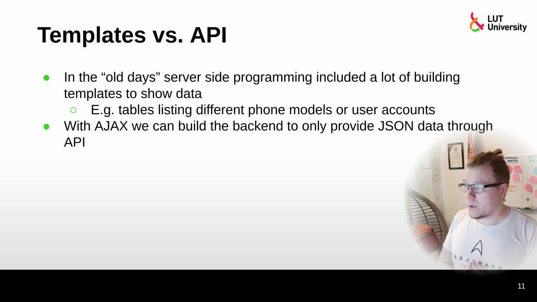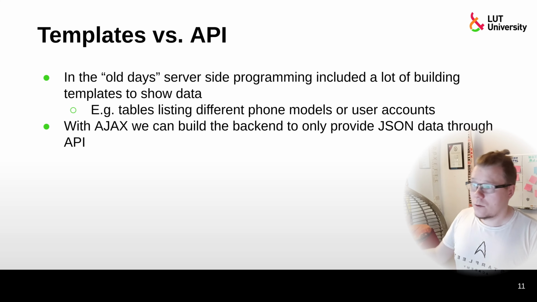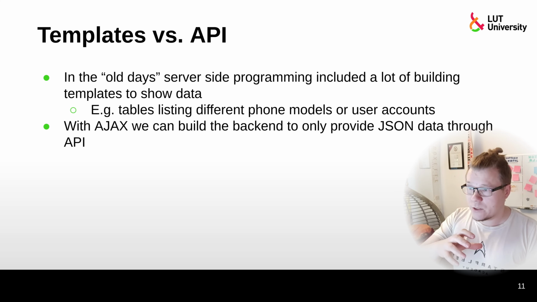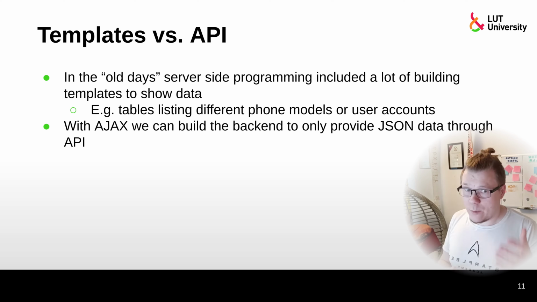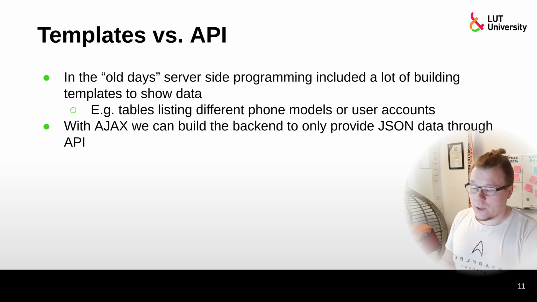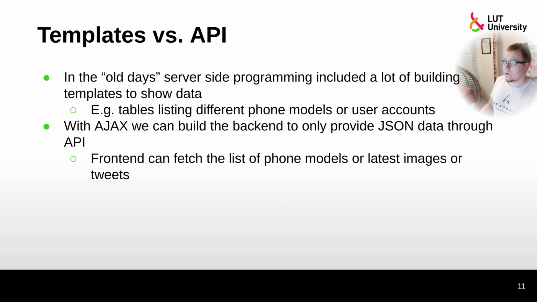But nowadays we are making an Ajax call to the backend, and the backend provides us JSON data through an API. Not HTML, but only the data, and then the data is handled in the front end and shown to a user as an HTML table.